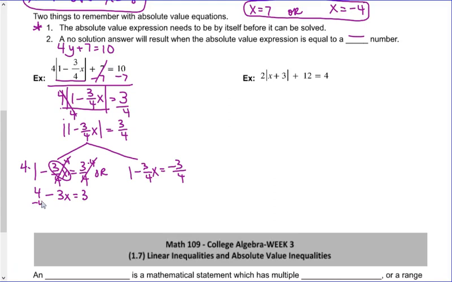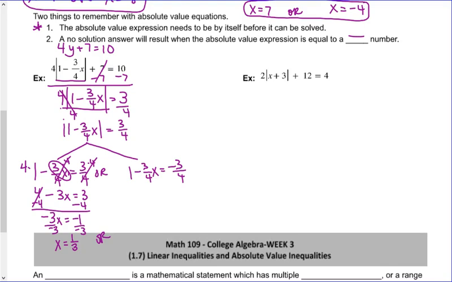I can subtract 4 from both sides to get x by itself, and I get negative 3x is equal to 3 minus 4, which is negative 1. Divide by negative 3. Go ahead and simplify those two negatives to make a positive, so the best I can write is 1/3. Or, what's our other answer?